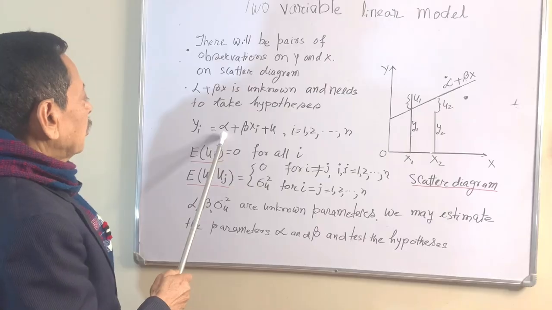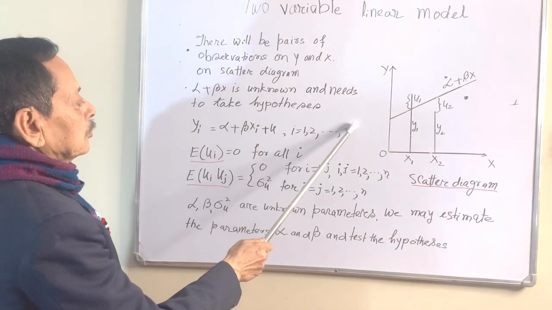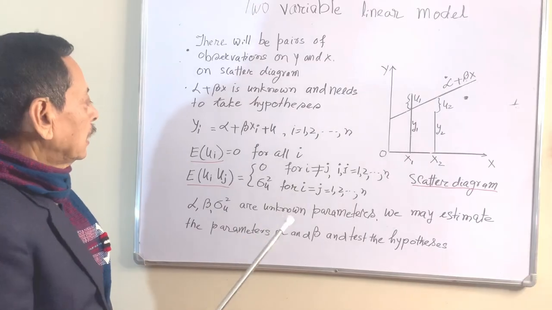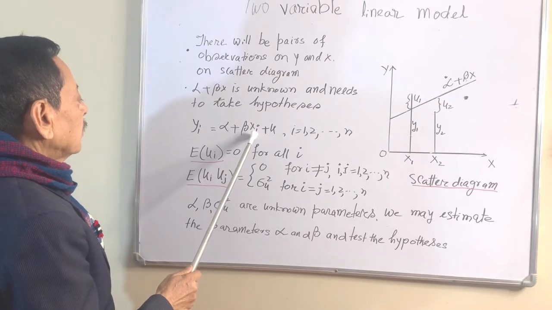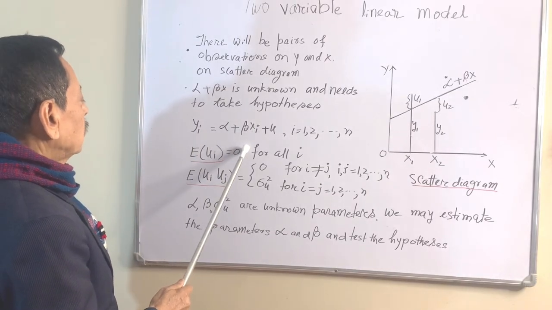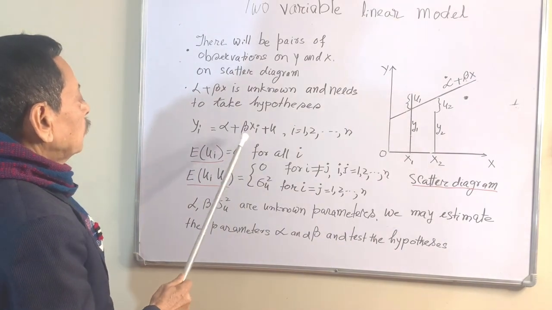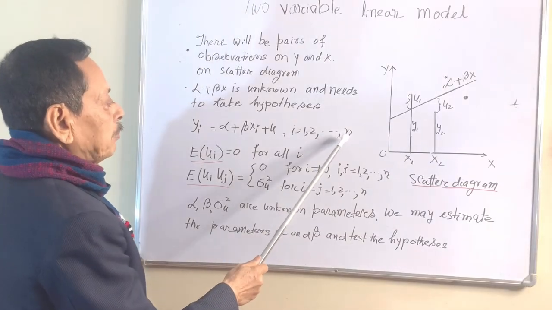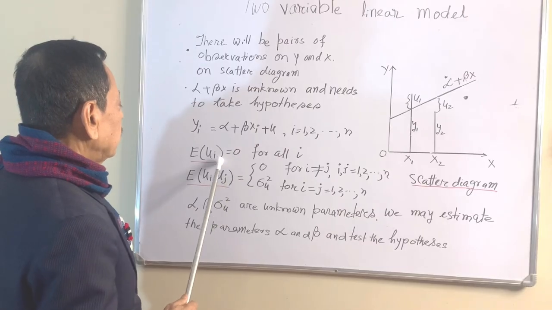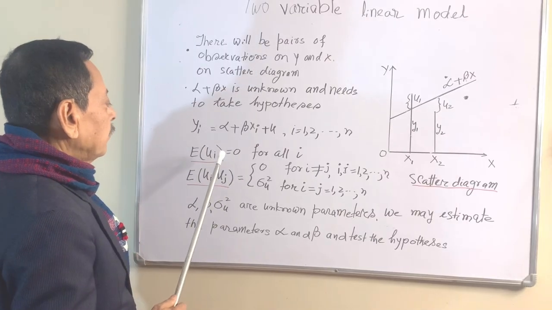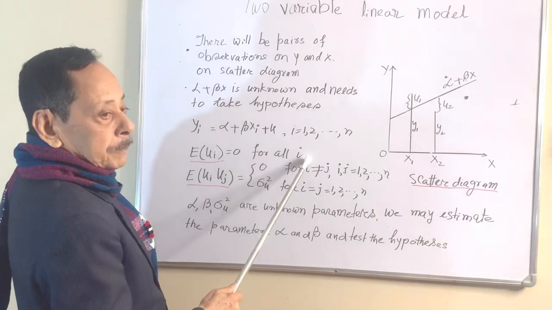Now yi is equal to alpha plus beta xi, where i ranges from 1 to n. Suppose there are n observations, and there will be n pairs. When x1, there will be y1. When x2, there will be y2. If we remember mapping, it is a one-to-one pair, so there will be n pairs. The first assumption is that expected u is equal to 0 for all i.